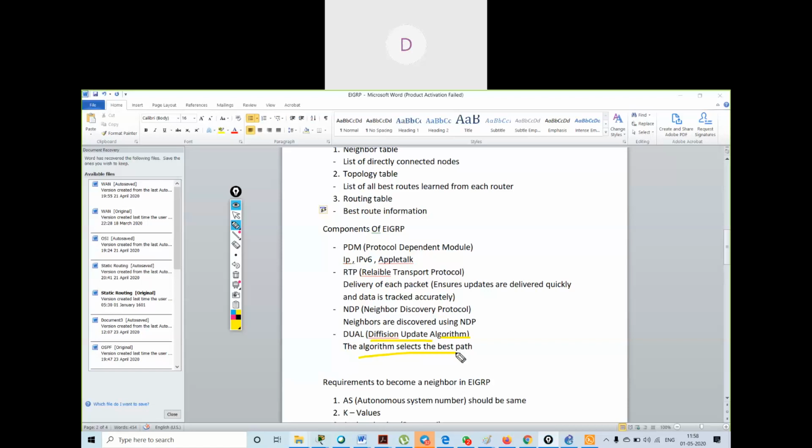In all the routing protocols, we have neighborship. NDP is different. It is the neighbor discovery for EIGRP only. NDP is used to discover neighbors within EIGRP.